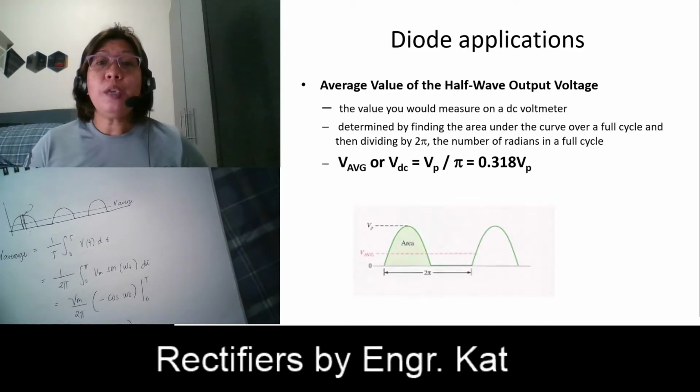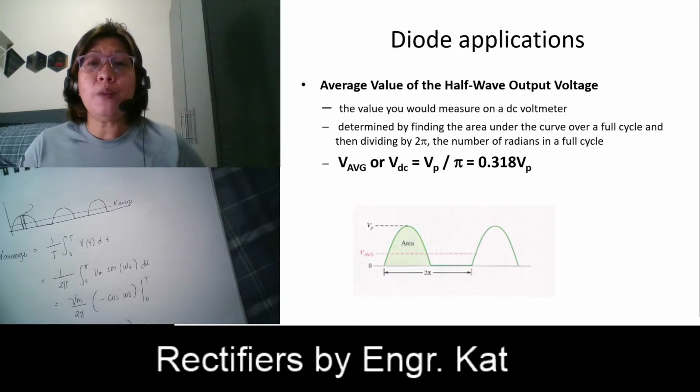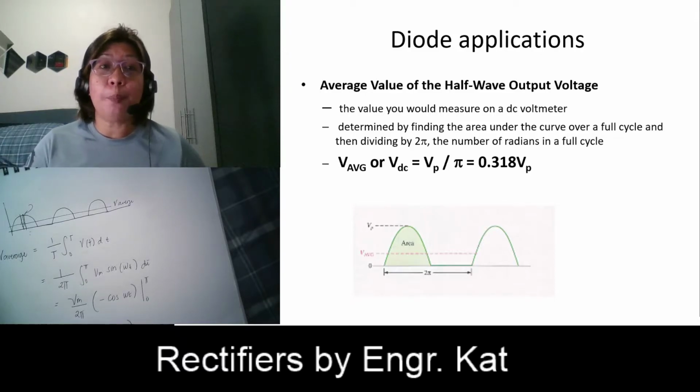So the V average or your V DC is equal to the peak value divided by pi. If you press that in your calculator, that gives 0.318 multiplied by your V P. So the converted DC or average value is equivalent to 0.318, or 31.8%, of your peak voltage.